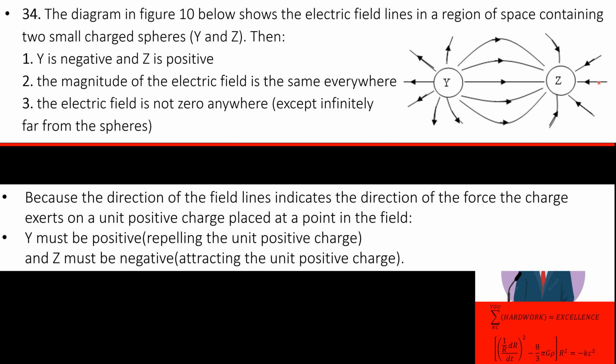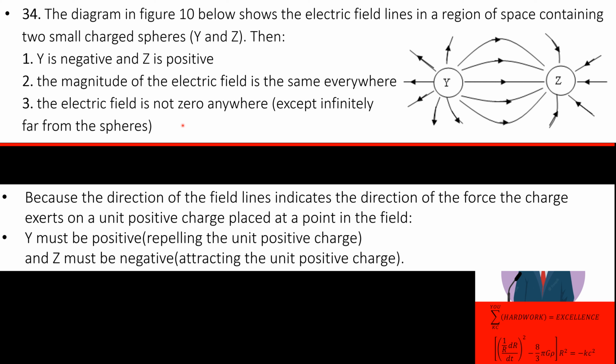At that point you talk about a point of null electric field intensity. So it clearly tells you that this is not true, that the magnitude of the electric field is the same everywhere. It's only true for regions where you have a uniform electric field, for instance, the region between the plates of a capacitor.